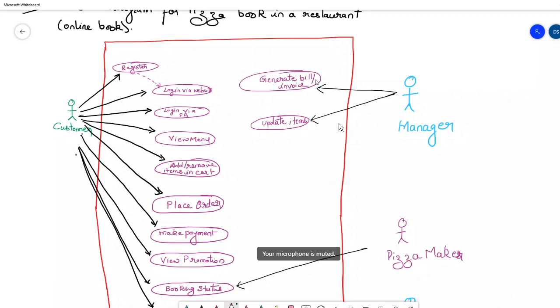Now he would inform about the order received, so we can say report order.